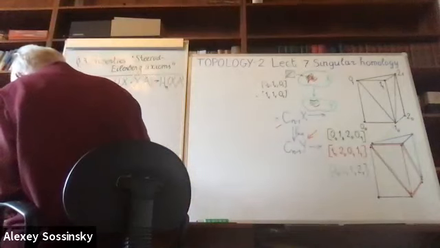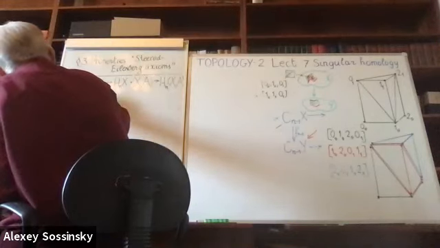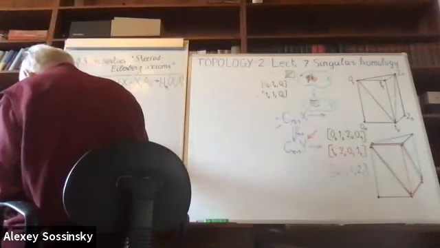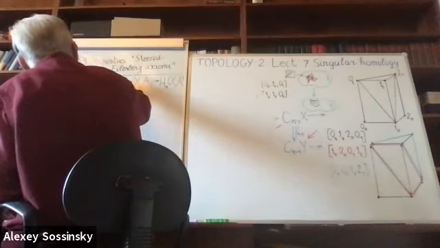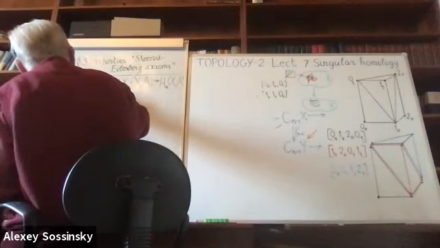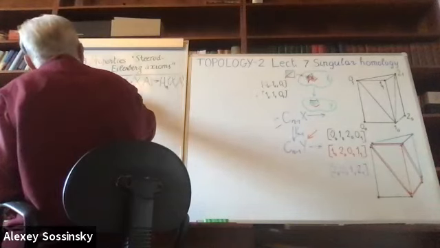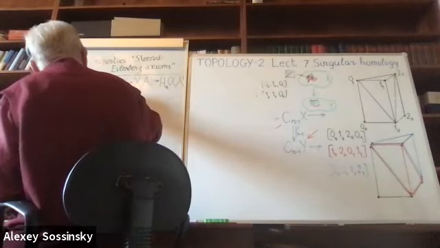It does many other things. To any pair X, A, it assigns a homomorphism d star, which I'm sure you sadly remember.